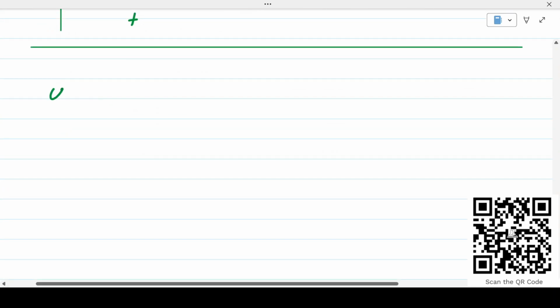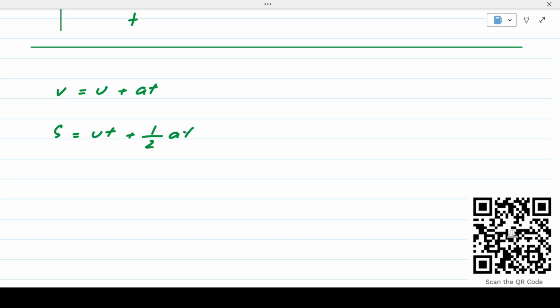If the equations have to be used for free fall, v equals u plus at, s equals ut plus 1 over 2 at square. I'll just skip the last equation.